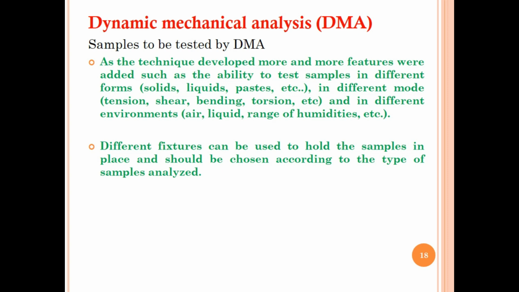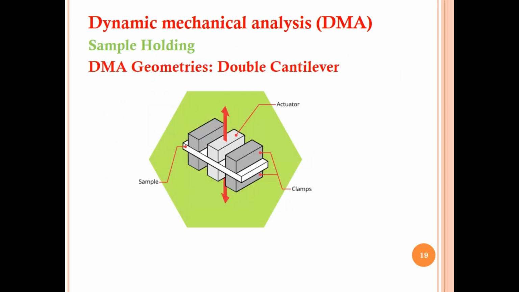The environment may be air, liquid, a range of humidity, etc. Different fixtures can be used to hold the sample in place and should be chosen according to the type of sample analyzed. These three factors mean its form, its mode, and the environment. This depends upon the type of sample which we want to analyze by the DMA technique.